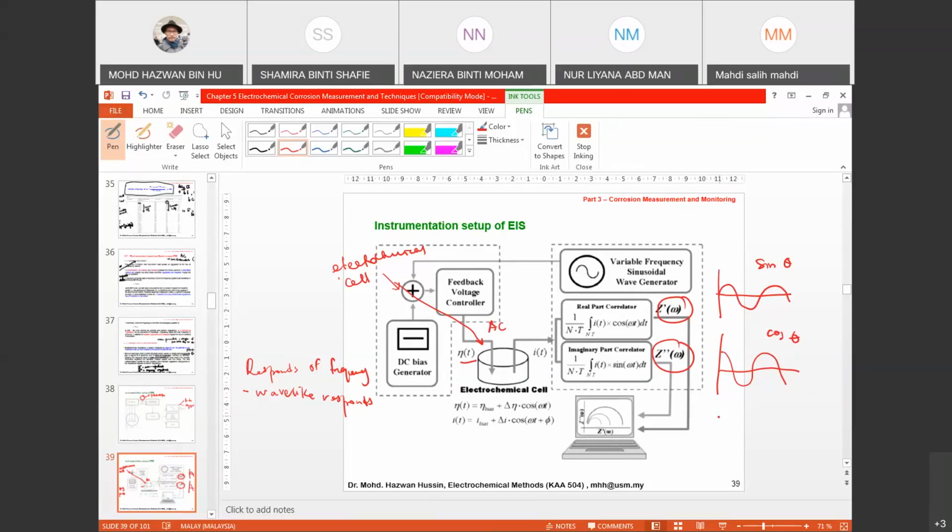As I said, different current values will produce different responses. If the response forms a sine theta waveform, this will result in imaginary impedance. So for one point of current, sine, you will get imaginary. In contrast, if the response is in the cos theta mode, you will get real impedance.